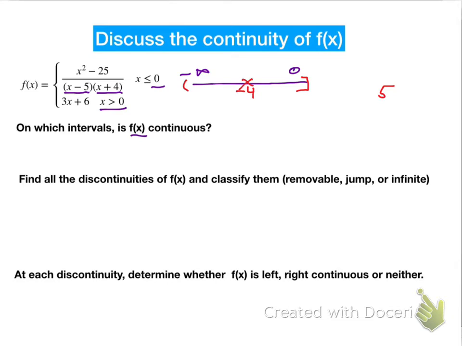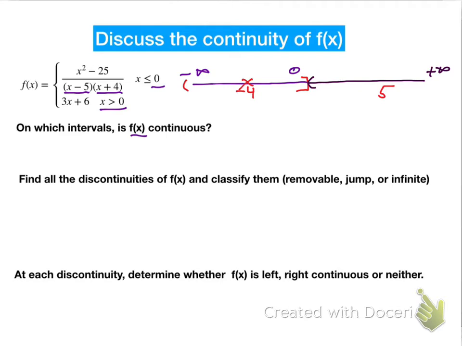How about the domain from 0 to positive infinity? We have a linear function, 3x plus 6, and a linear function is defined everywhere. So we don't have to worry about discontinuity on the domain from 0 to infinity.